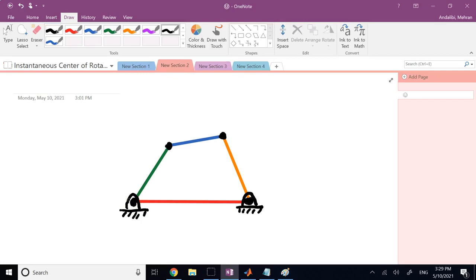So here I have this 4-bar linkage, and I say the lengths of the members are L1, L2, L3, and L4, where L4 is the ground member, the member that does not move. Okay, and these angles, if you want, I can call them theta 1, and maybe this guy, I call it theta 2, and this angle, I call it theta 3.